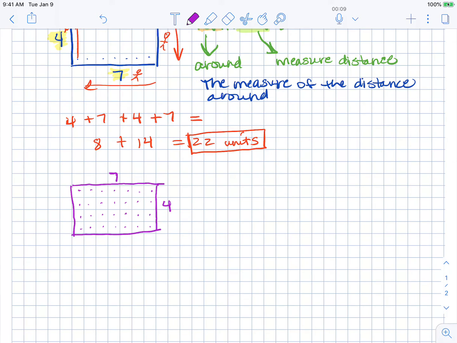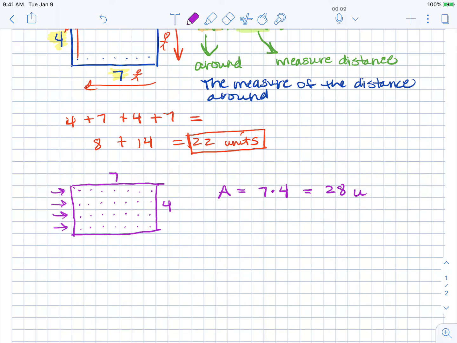And I could just count them out if I wanted to, but the quick way to do it is to find the area by multiplying the 7 times the 4, because it's 7 and 7 and 7 and 7, so it's 7 four times. And this would give me 28.